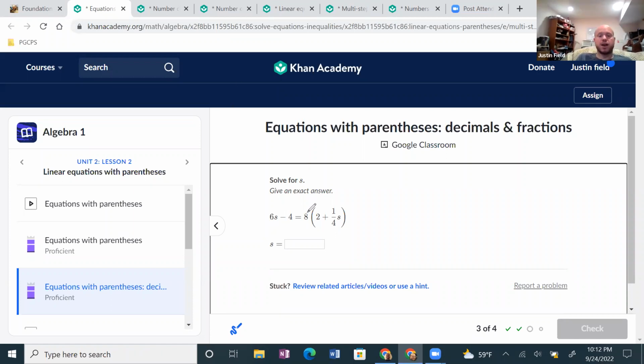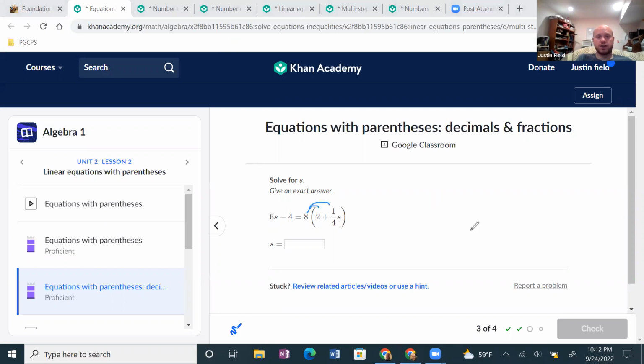All right, so we know about parentheses. I know you guys know that. So let's just distribute and then rewrite this. 6s minus 4 equals 16 plus 8 times 1/4 is 8 over 4, which is 2. So I'm going to write 2s. Draw a line.